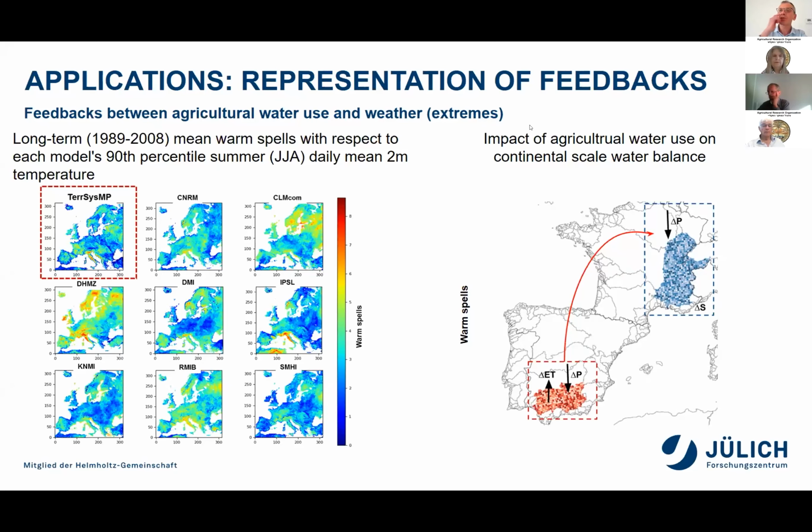The right side shows that these models can also be used to evaluate the impact of irrigation at certain locations on the continent on the weather and precipitation at other locations in the continent. So this is because the feedbacks between processes in groundwater, soil and atmosphere are fully accounted for and described.